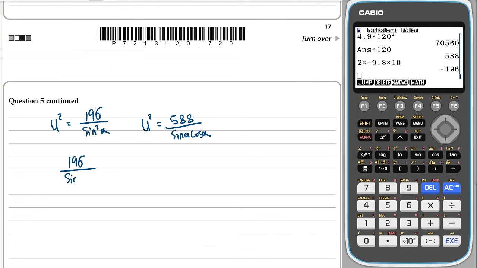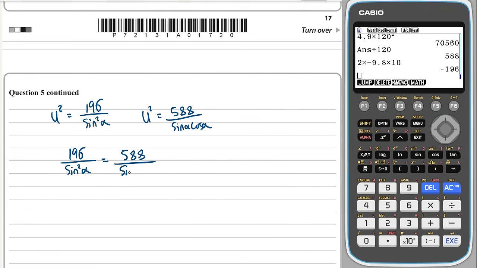So 196 over sine squared alpha is equal to 588 over sine alpha cos alpha, and then multiplying both sides by sine squared is going to give me 588 sine squared over sine cos, and we can cancel, so divide through by sine alpha, and we know that a sine alpha over cos alpha is equal to a tan alpha.